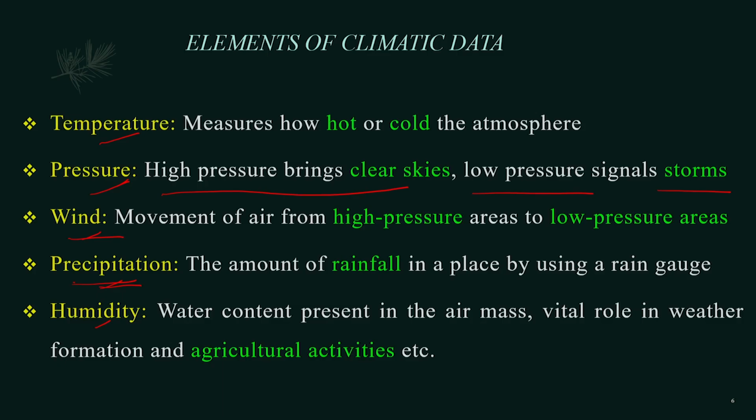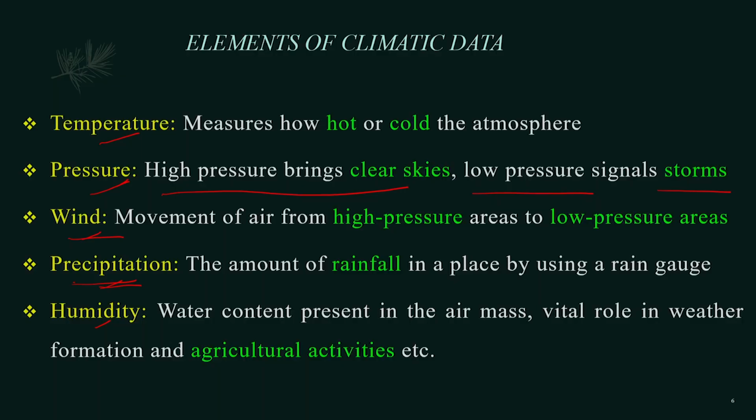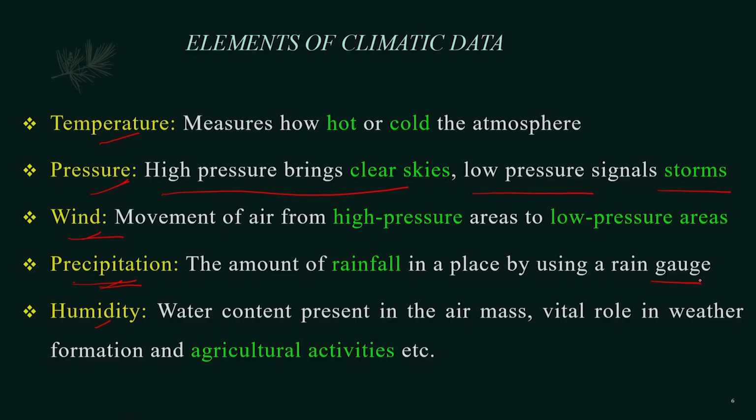In precipitation, rainfall is calculated based on rain gauge stations. Then comes humidity. Humidity is the water content present in the air mass. It plays a vital role in weather formation and agricultural activities.